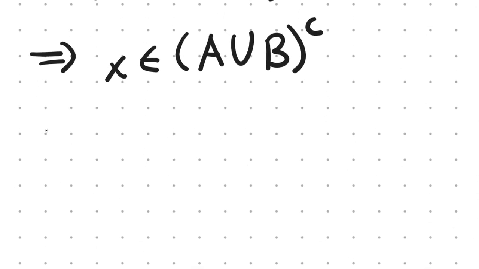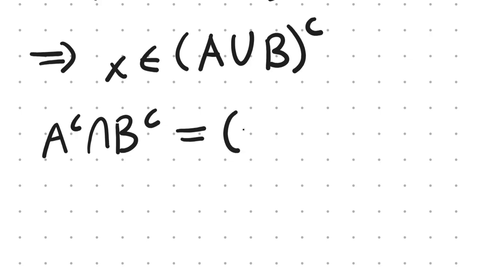So now we have proven that A complement intersecting B complement is equivalent to saying (A union B) complement.